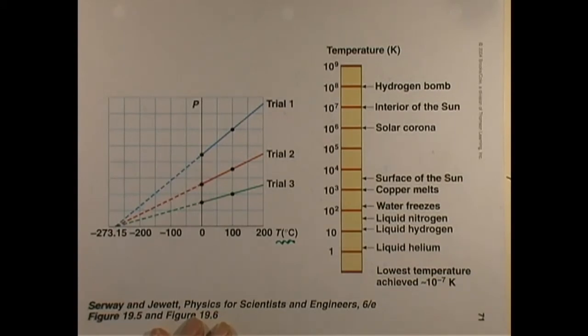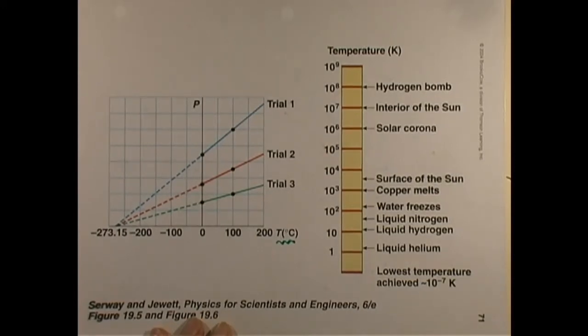We decide to choose this temperature as absolute 0. Absolute 0 is the temperature at which various physical processes occur. So anyway, let's look at the absolute temperature scale.